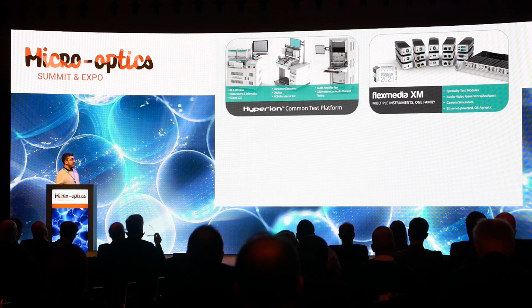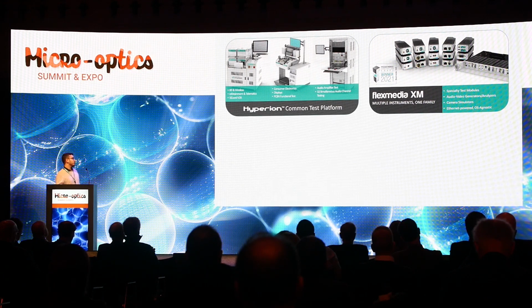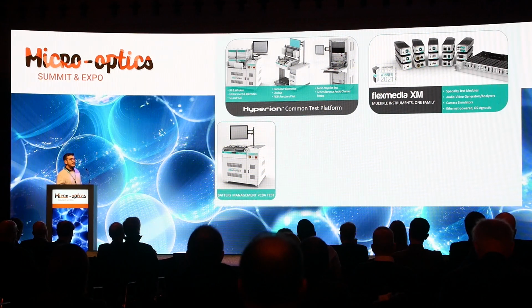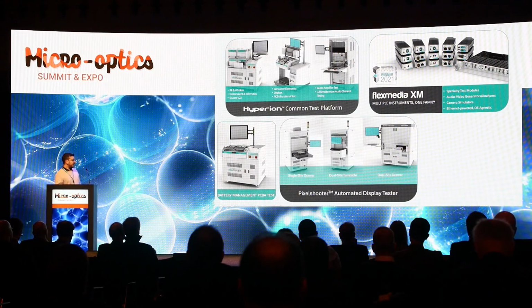We have a Flex Media XM product line, which are standalone test modules, operating system independent, powered over Ethernet, which can do many things from audio and video generation and analysis to camera simulations. We have a platform for battery management PCBA test, an entire product line, and a pixel shooter dedicated to the test of displays, for example in the automotive industry.